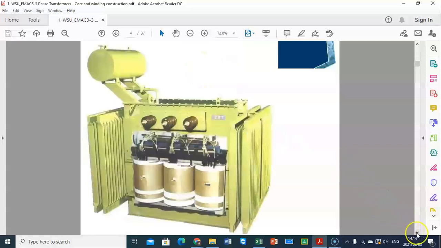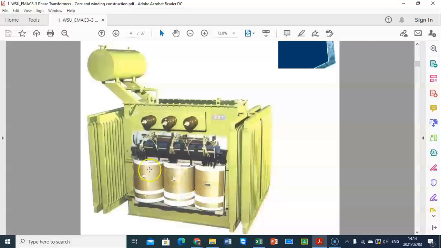Then on the next slide, again we can see inside the transformer phase A, phase B, phase C. On phase A we have primary and secondary, on phase B we have primary and secondary, and on phase C we also have primary and secondary. In the next slides you can see that we can have 2 different kinds of winding.